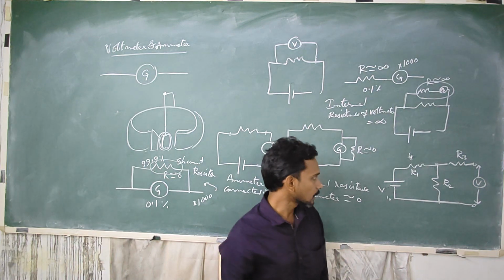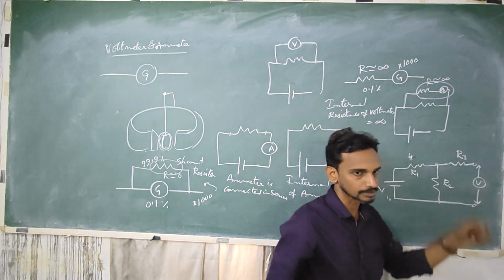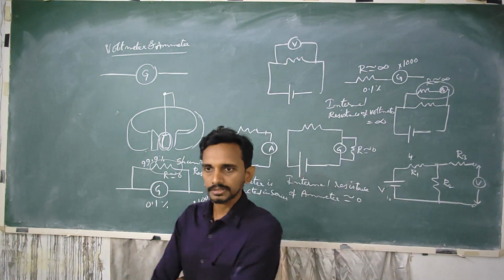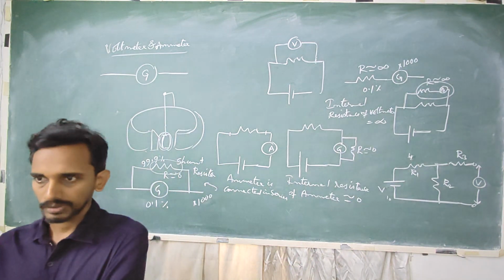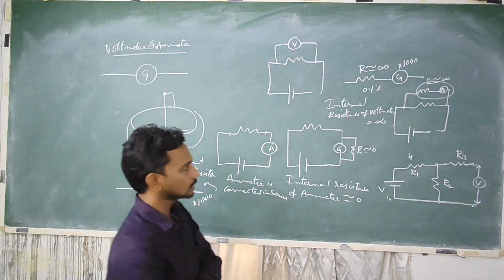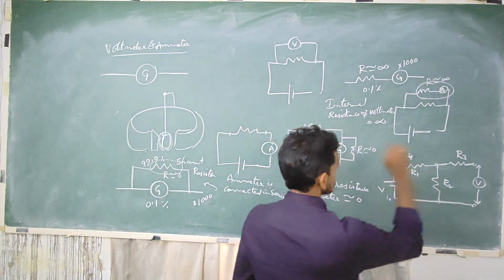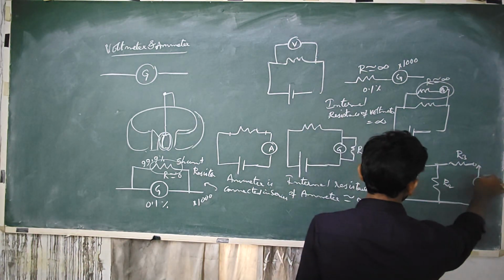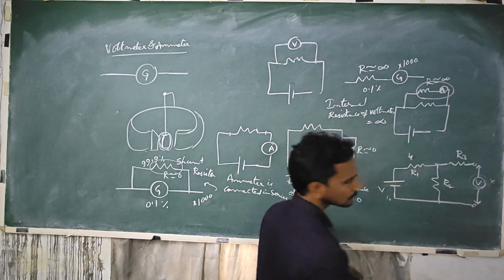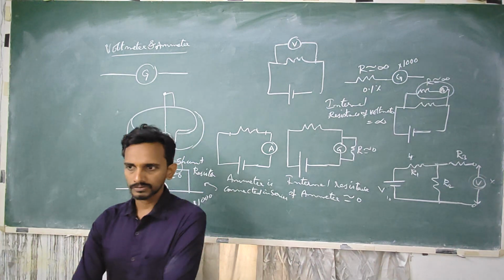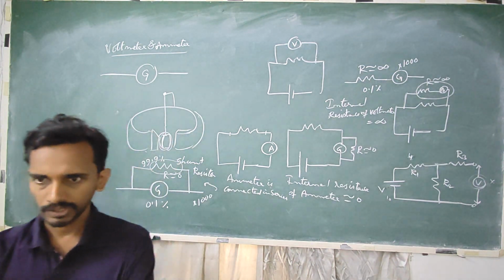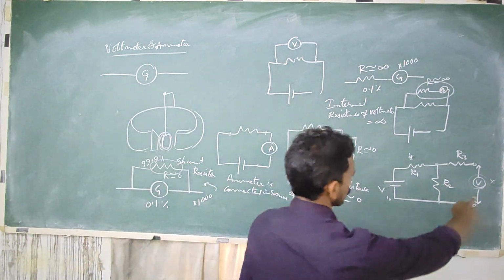But now what is happening? I am connecting a voltmeter, that too in series. It means, in terms of resistances, this is an open circuit. The internal resistance of the voltmeter is infinity, so it acts as an open circuit.